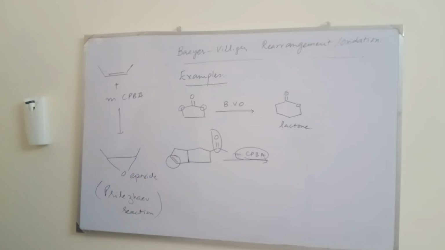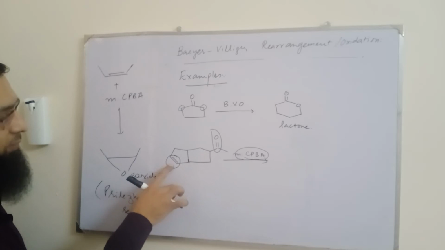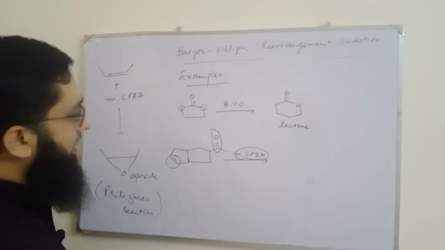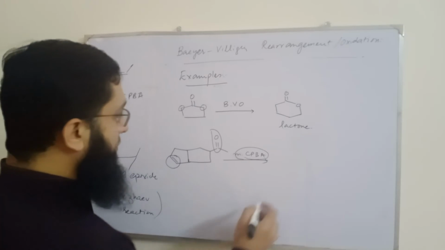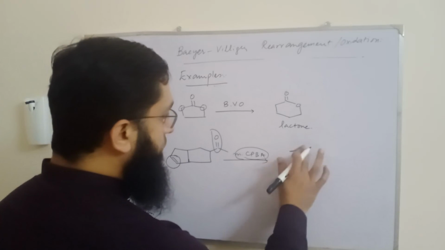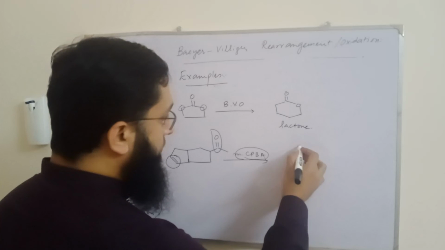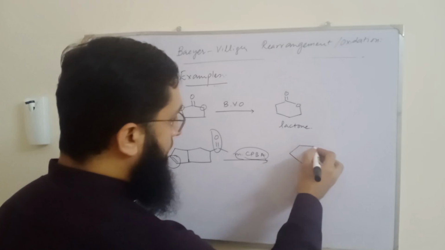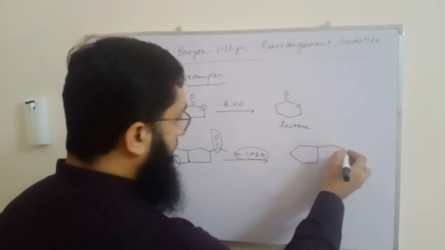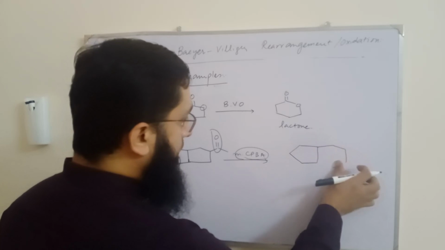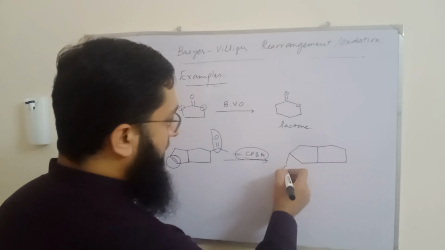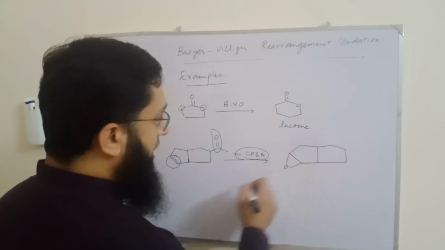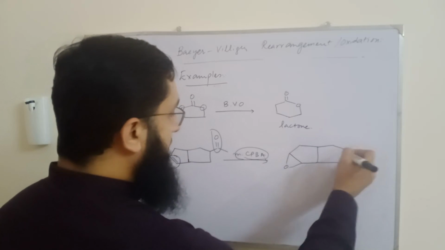So we have two groups, one is double bond and here we have a ketone. So the product in the presence of this reaction would be here we will have epoxide and here we will get the ester.